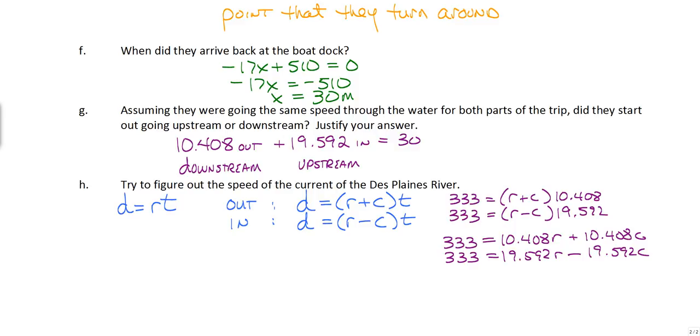Then, again, use any solving method that you want. We're going to find that R is equal to 24.505. That's the rate that you are paddling. So the current is equal to 7.514 meters per minute.